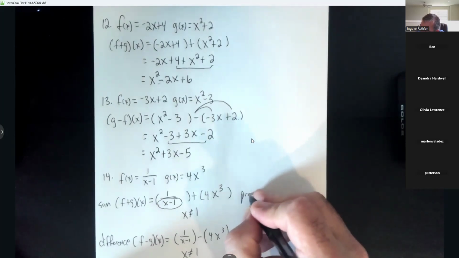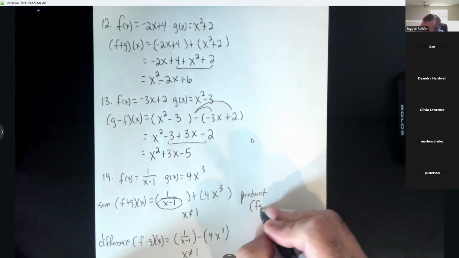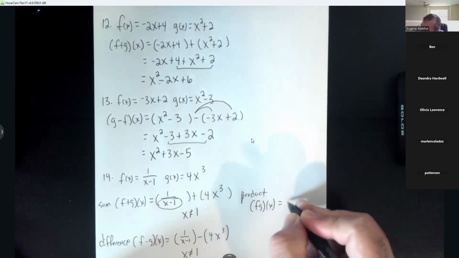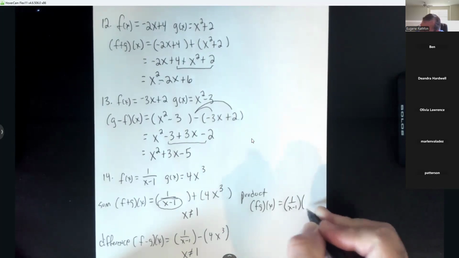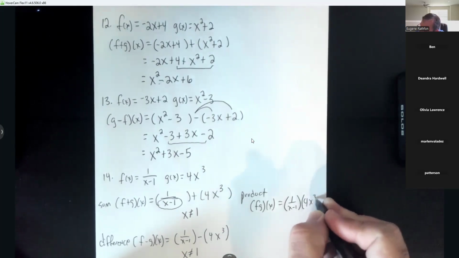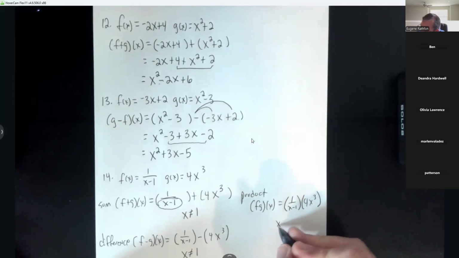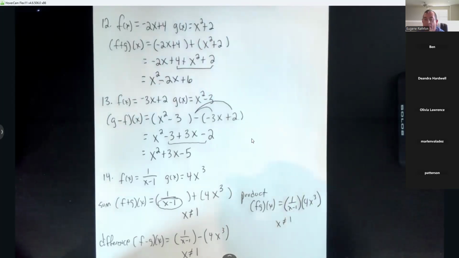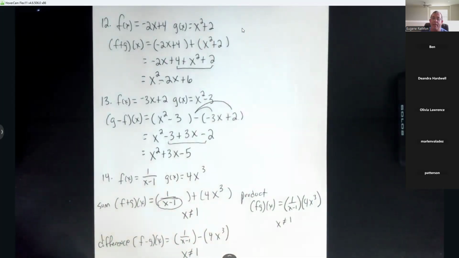And then if you're looking at the product, that would be f times g of x. That'll equal your f, 1 over x minus 1, times g, 4x to the cube. You still have the same fraction there, so x still cannot equal a positive 1. All three of these domains will be the same.